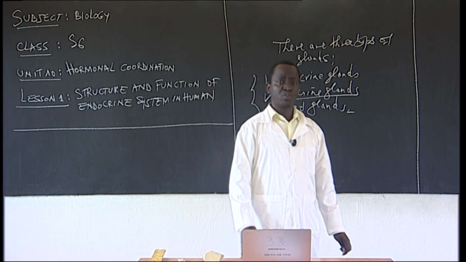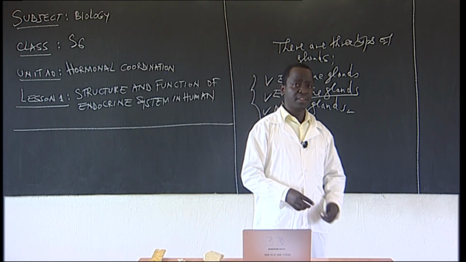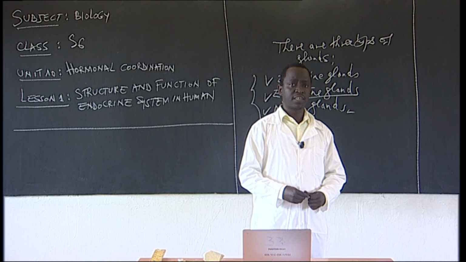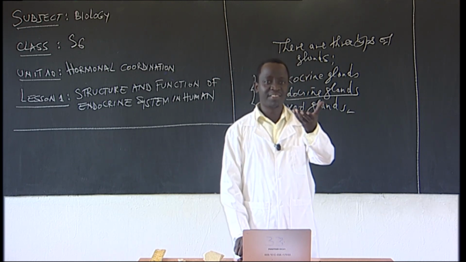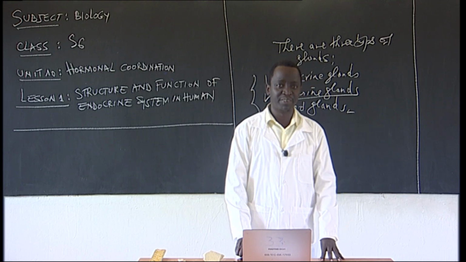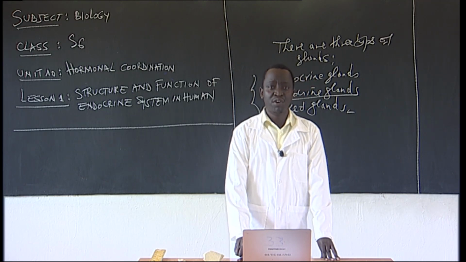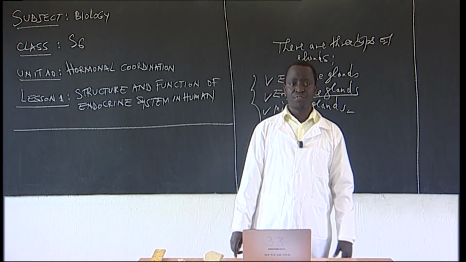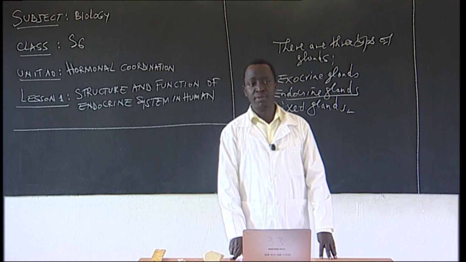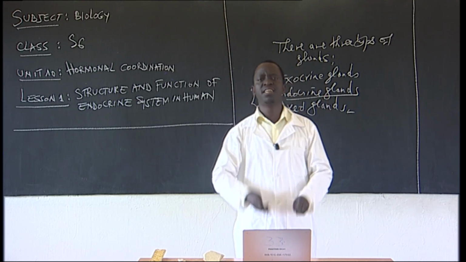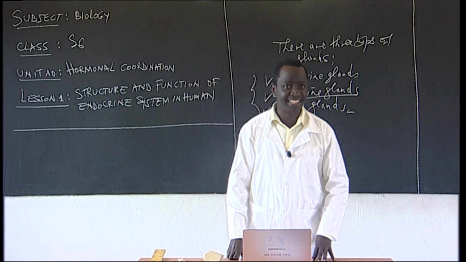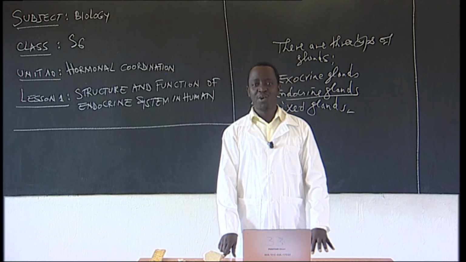So now, we talked about the hormones and their characteristics. Now, what are the functions of the hormones? First of all, they regulate the growth and development of the body. If there are no hormones, however you eat, you get food, you get everything, you cannot grow.